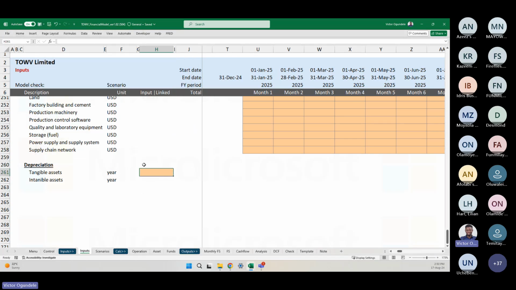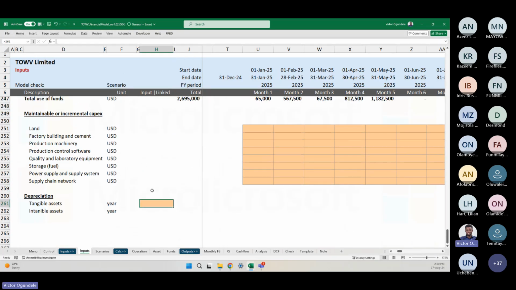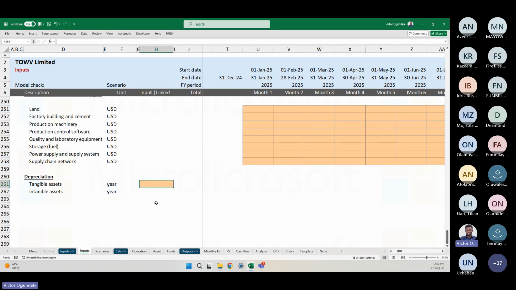So for typical factory assets, what do we think the lifespan is? I think the accountant will tell us 5 years. Am I correct? So 5 to 10 years. So let's just put it as 10 years, and then the intangible, let's put that as 5 years.